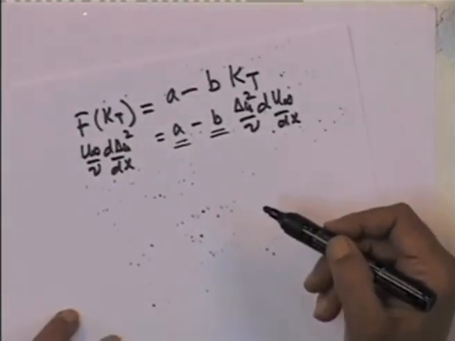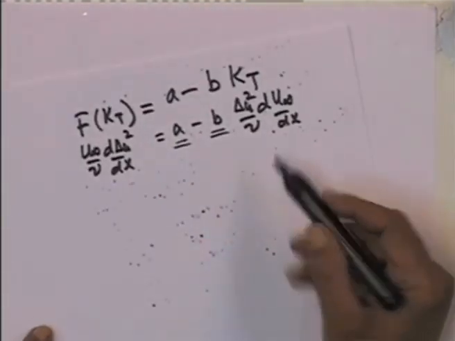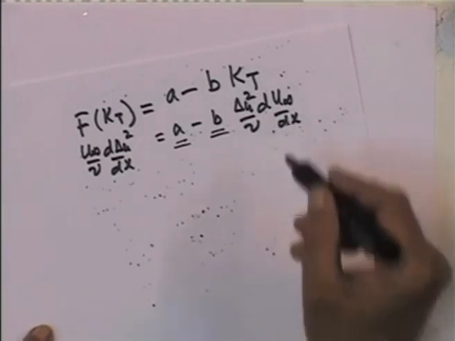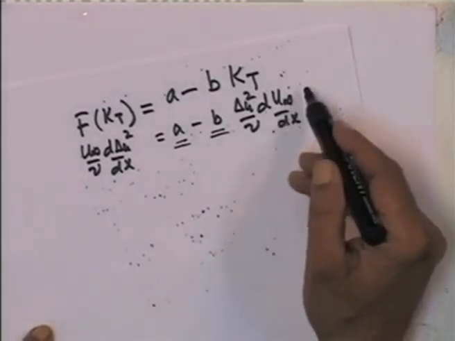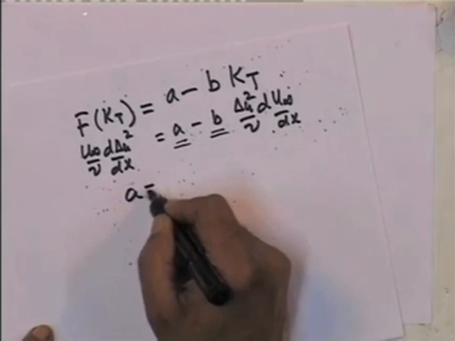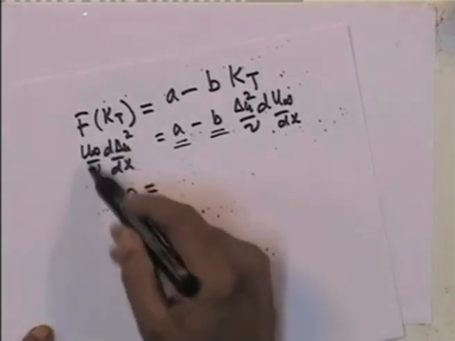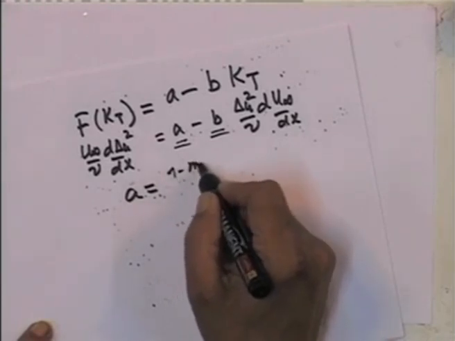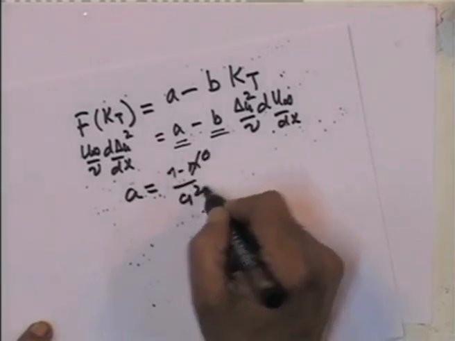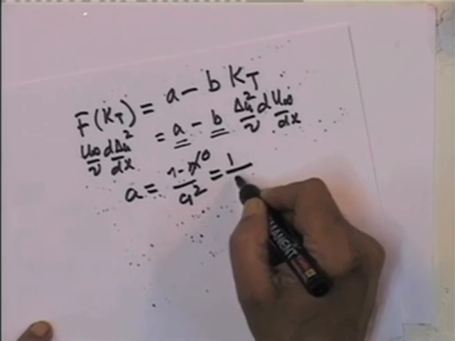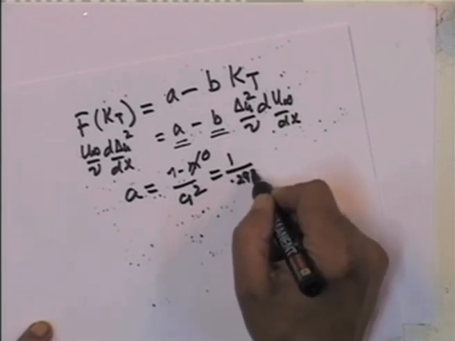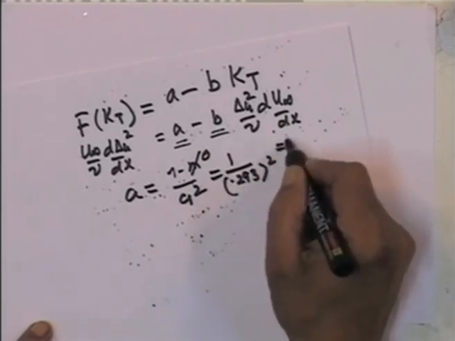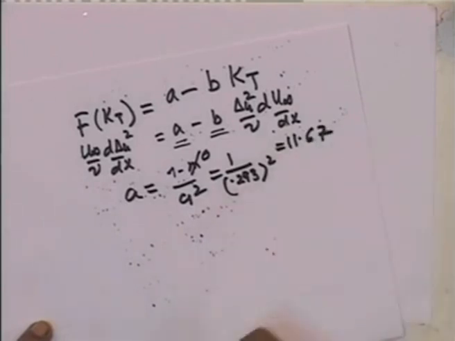So, the first thing I do is to look at the flat plate solution for which du infinity by dx is 0, and therefore, A will be simply equal to, as you can see, 1 minus m, which is equal to 0, divided by C1 square. So, that is equal to 1 over 0.293 whole squared, which is 11.67.